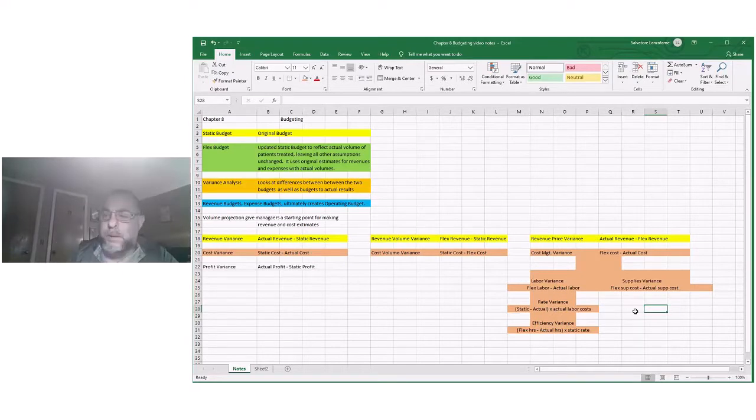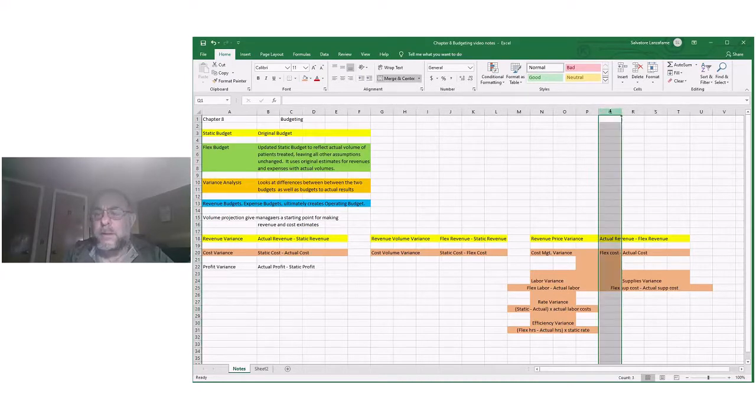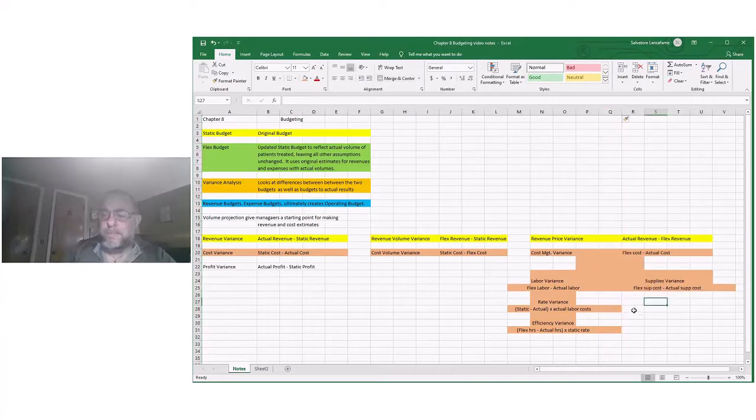We can also do something with the supplies variance. And I think I'm going to add an extra little column in here. So with this one, we can go with a price variance and a usage variance.